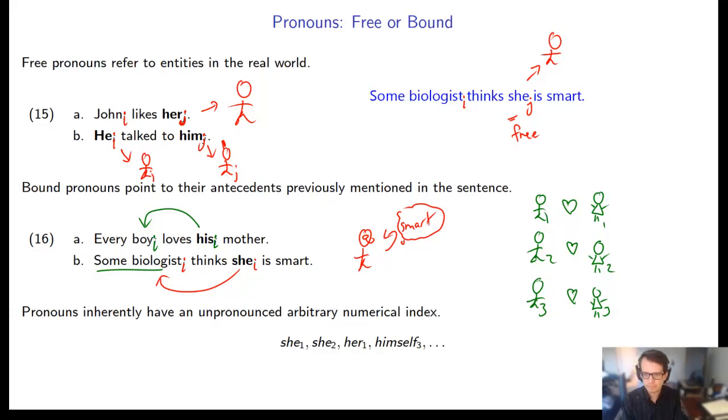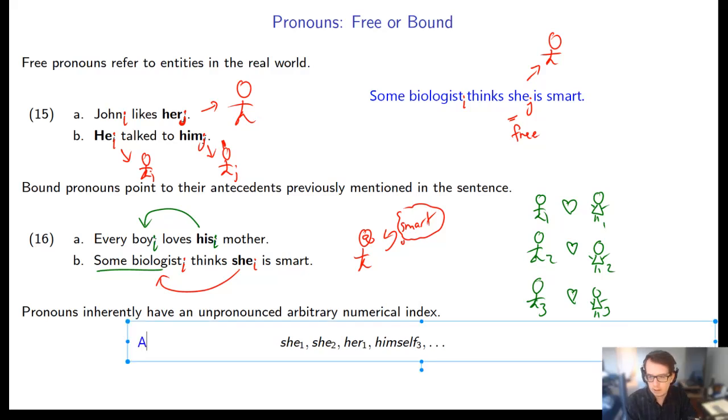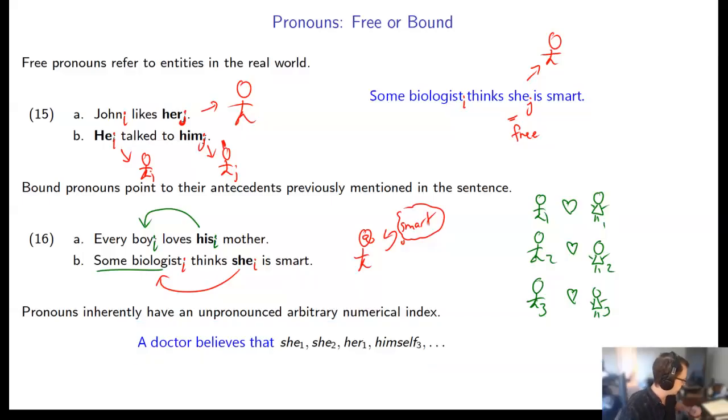So the numerical index only applies to bound pronouns? The numerical index applies to every pronoun. Because we might have something like a doctor, maybe this is the beginning of a sentence.